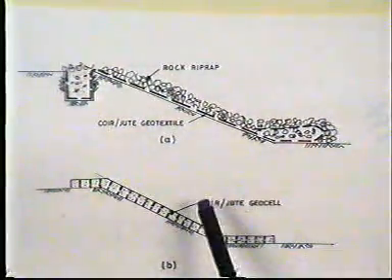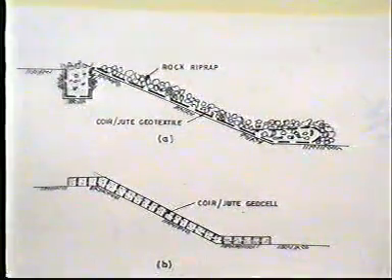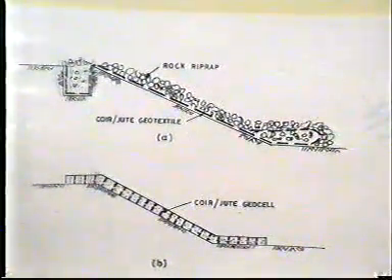Now, this geotextile like jute and coir can also be applied to river bank erosion protection.